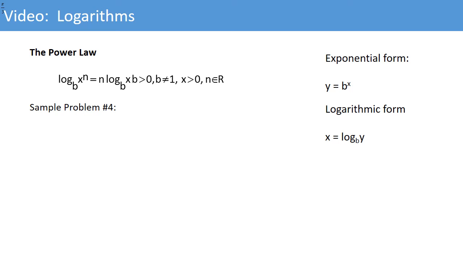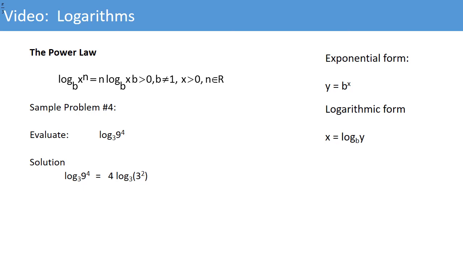Sample problem number 4. Evaluate the logarithm of 9 to the exponent 4 to the base 3. Applying the law, this would mean that the 4, which is your exponent, your n value, comes to the front of the expression.